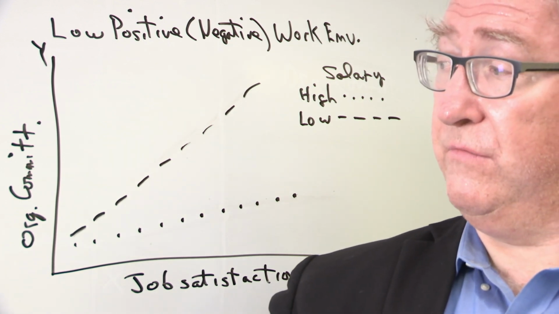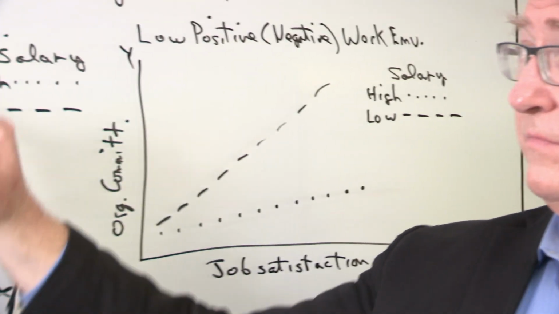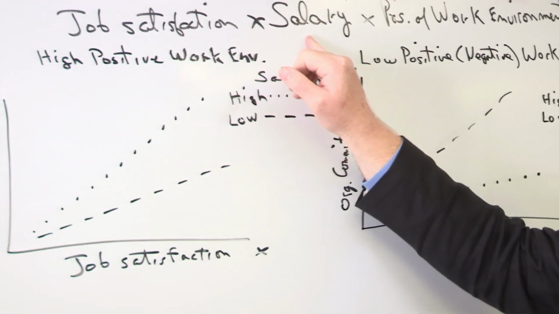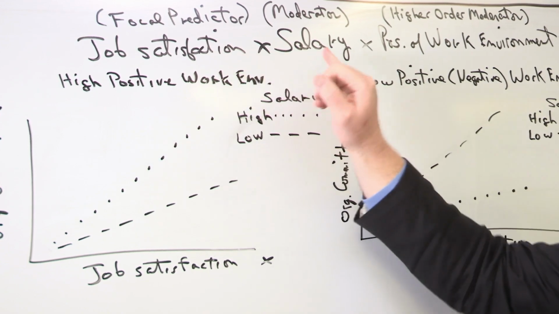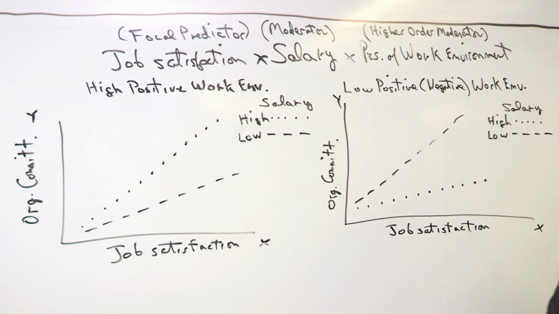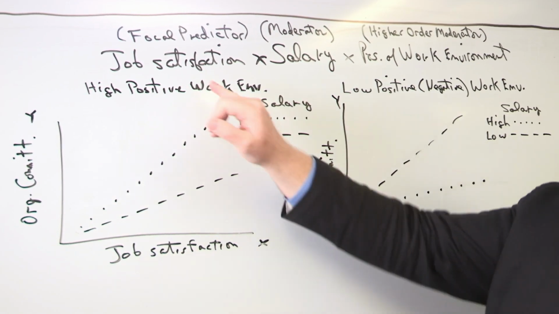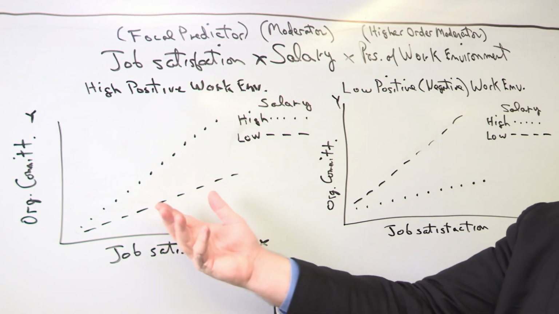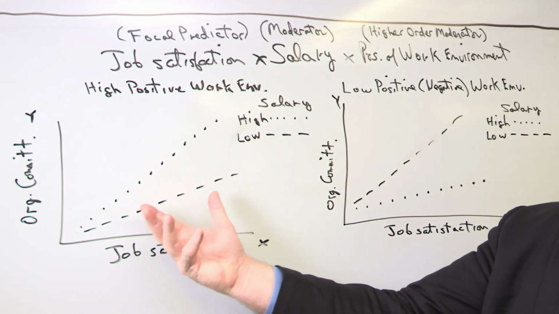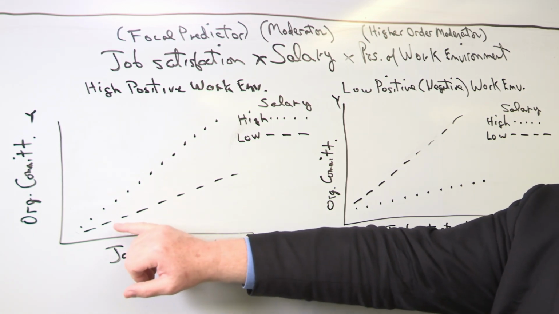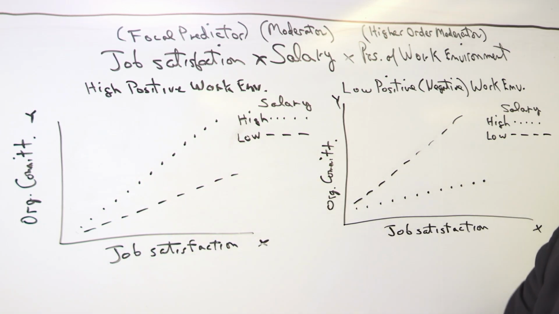So the way this two-way interaction looks, job satisfaction by salary, that particular part of the three-way interaction, how it looks is different here, showing a strong effect of job satisfaction on organizational commitment among high salaried employees and an effect among low salaried employees, but weaker than we see for high salaried employees.